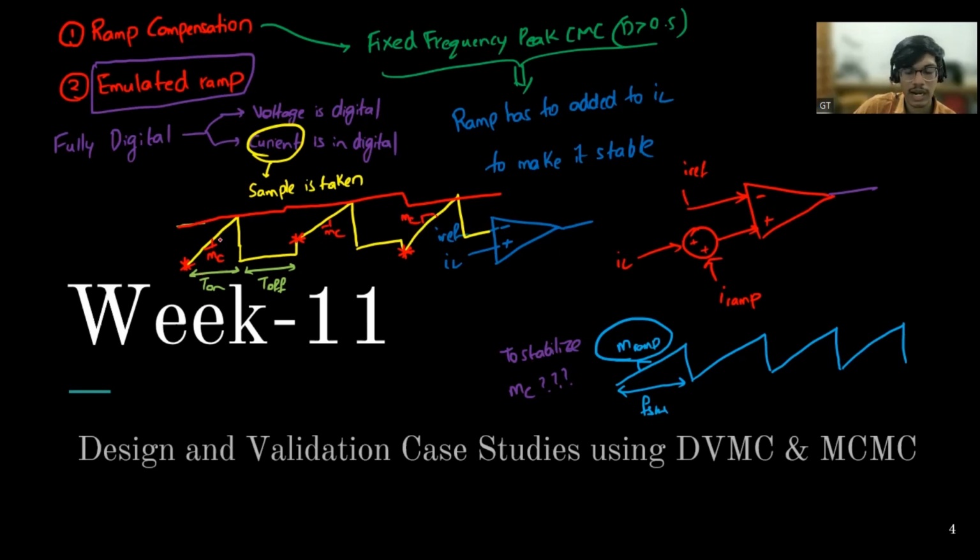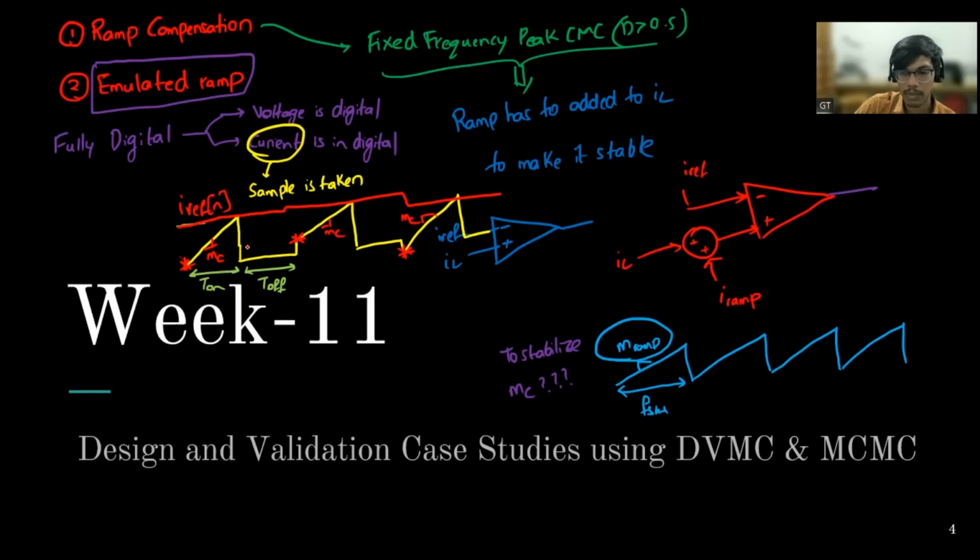So this we are completely emulating in the digital platform, and there is no such inductor current, nor are we adding it to the inductor current. We are completely emulating it based on the information of the inductor current. We take a sample of the inductor current, and using that sample with the slope that we had derived from the analysis, we'll emulate the ramp, and then this is the I reference of N. So this entire thing is in digital.